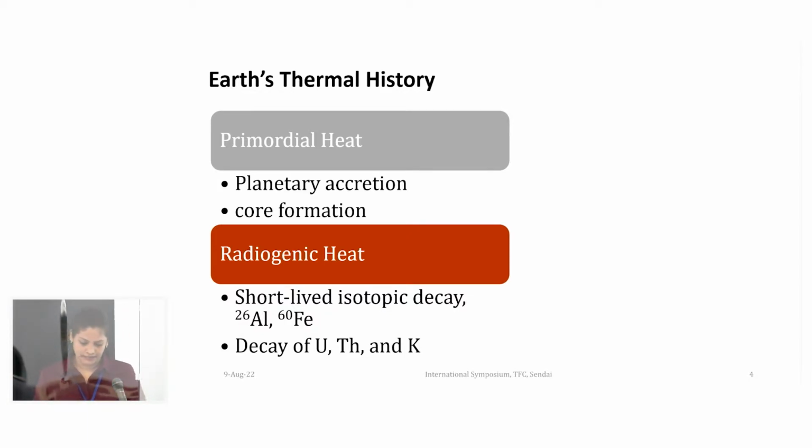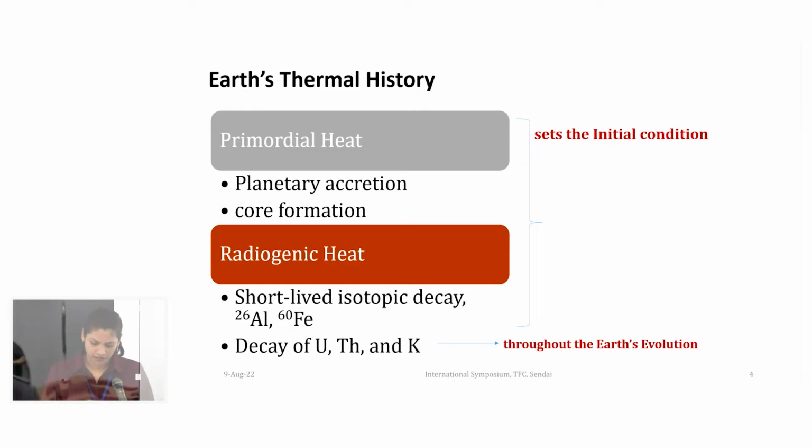Radiogenic heat comes from both short-lived and long-lived isotope decay systems. The first components, the primordial heat and the short-lived isotope decays, set the initial condition at the start of the Earth. However, uranium, thorium, and potassium have been decaying throughout the evolution of the Earth.